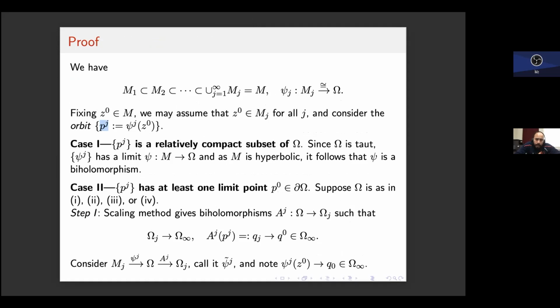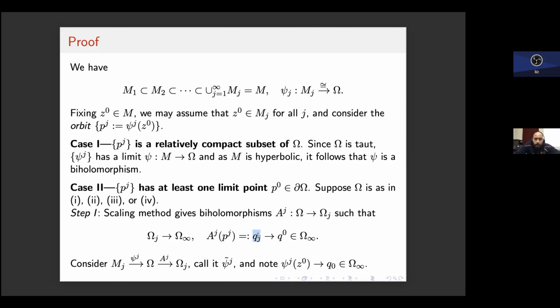But what it gives us is the following. It gives us a sequence of maps Az, biholomorphisms actually, Az from omega to omega z, such that these domains omega z converge to some domain omega infinity in the local Hausdorff sense. And the image of the orbit, Az of pz, is denoted by qz.